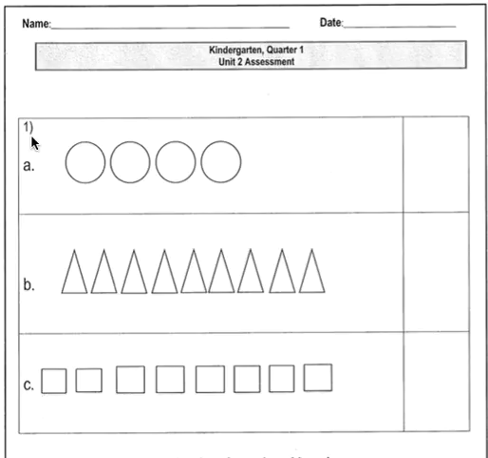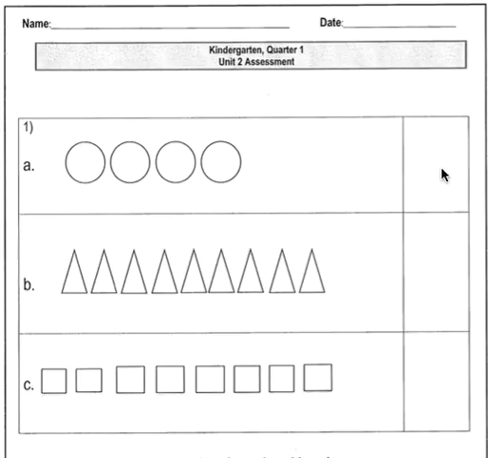Ms. Jones will read the directions. Count shapes in row A. Here's row A. Count the shapes in row A. Draw one more shape next to the shape in row A. So you need to draw one more shape in this row.